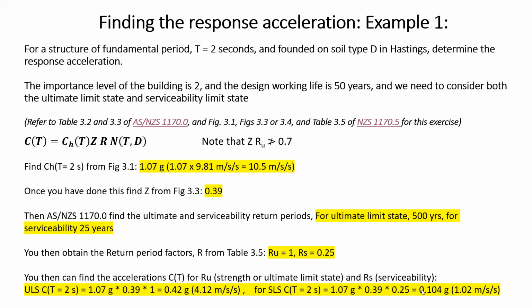It's 0.25 to get 0.104 G, or 1.02 meters per second. So are you all good, any questions about this?